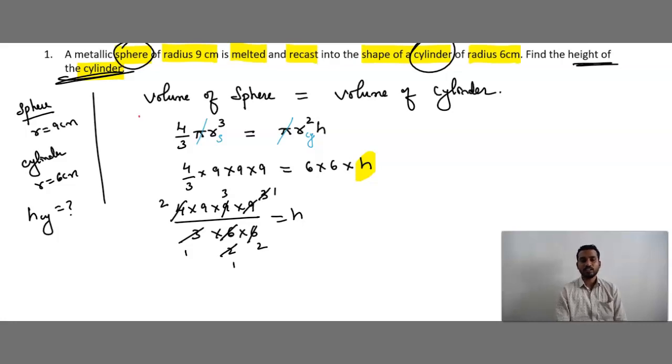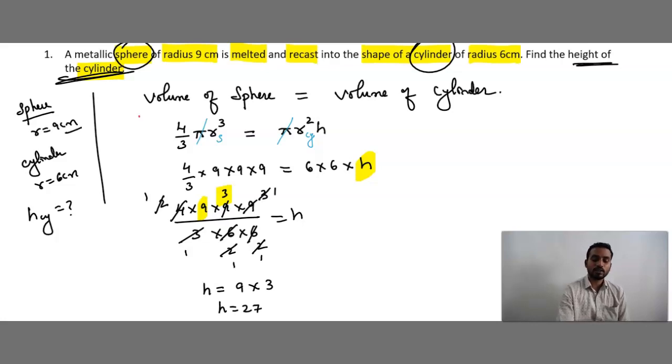We can see all the denominators are 1. So just multiply the numerators. What is left out in the numerator? 9 and one more, 3. These are the two terms which are left out, right? So h is equal to 9 times 3, which is 27.